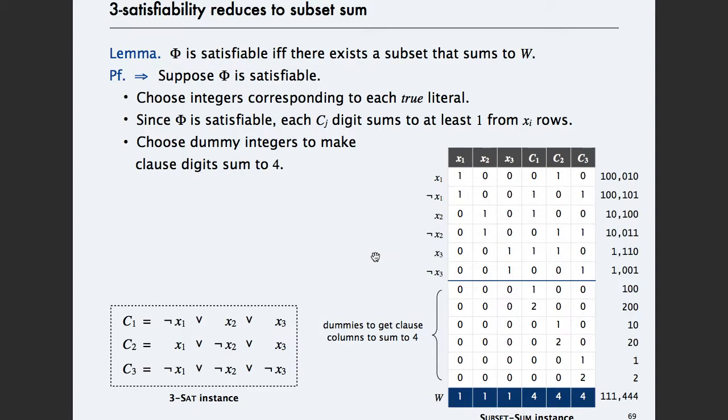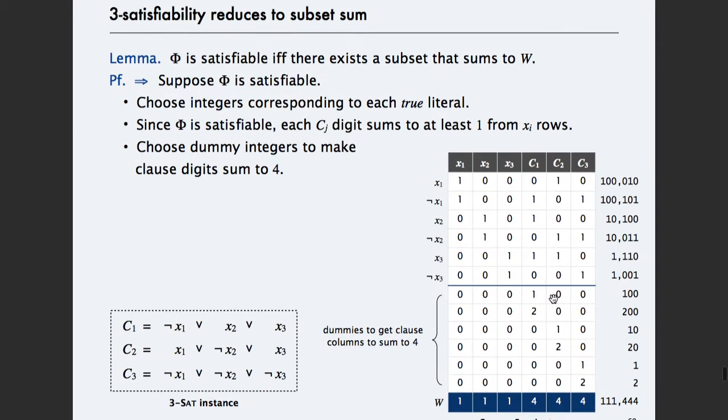Since subset sum doesn't let us do ORs, I'm going to add 2 rows per clause, 1 with a 1 and 1 with a 2, and zeros all over. So the first 2 rows under the blue arrow are for C1. These 2 rows.